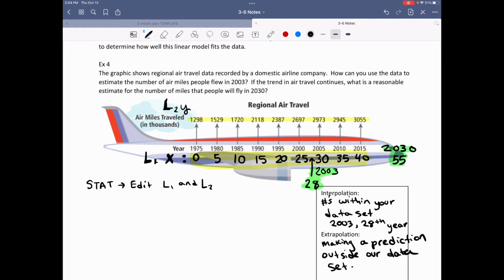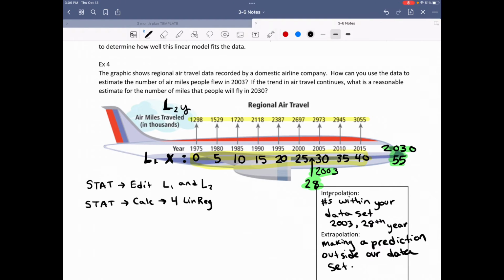After you put in those values into your lists, you're going to do Stat again, but you're going to choose Calculate, and you're going to choose the 4th option, which is the linear regression. And from there, we're going to get an equation. So I'll pause the video for you to put that in your calculator.